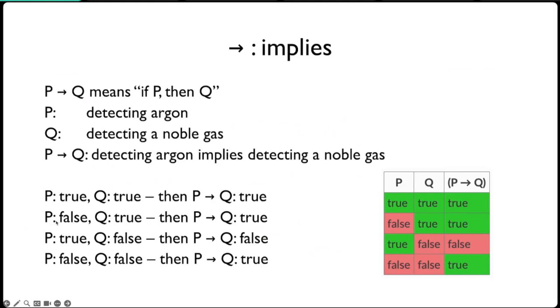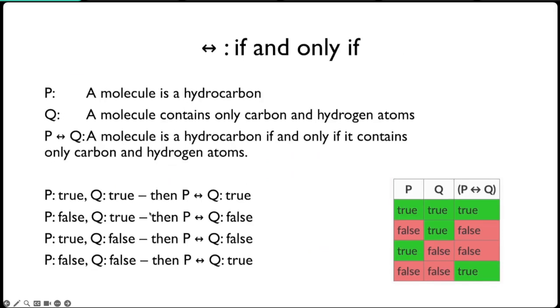So Q being true doesn't require P to be true. But in the if and only if case, that is switched, because Q being true requires P to be true, because the implication is stronger, it goes both directions.